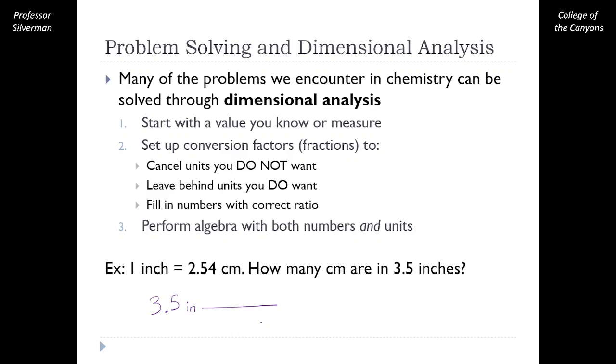We don't want to know about inches, so let's cancel that out. In order to cancel out a unit, we need one of our units in the numerator of our fraction and another in the denominator of our fraction. Something divided by itself is going to cancel out.